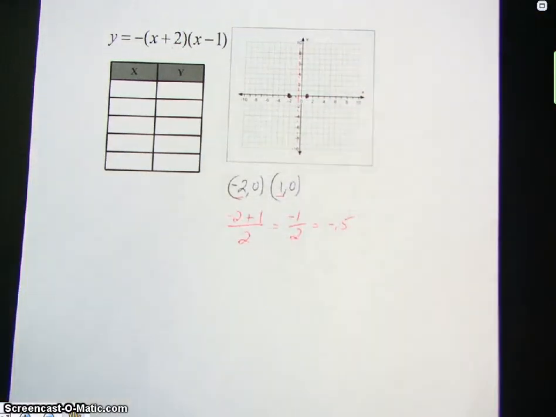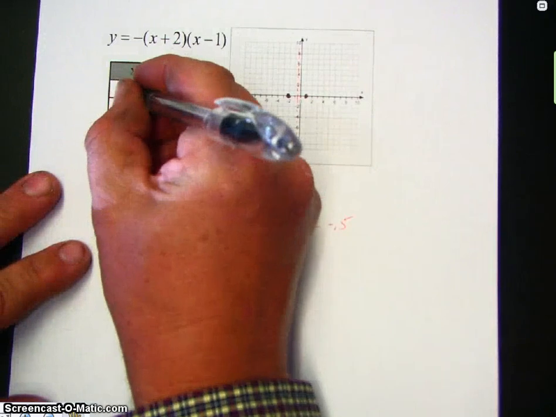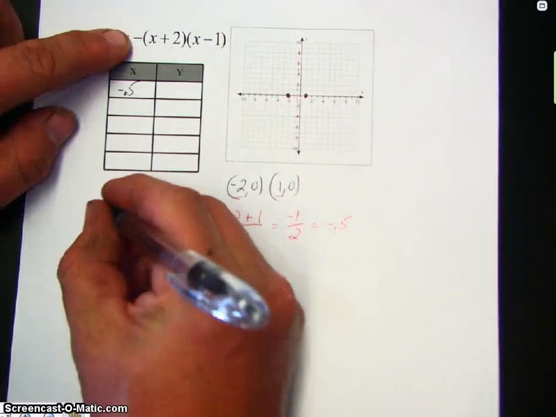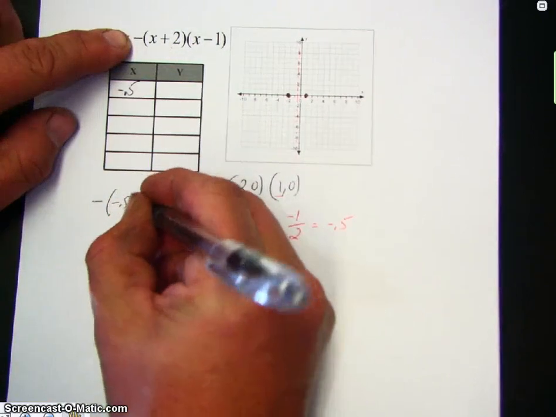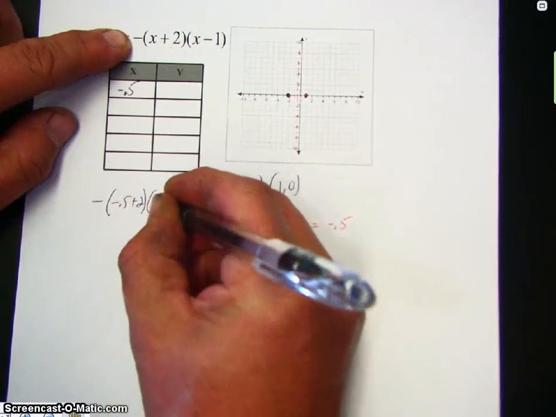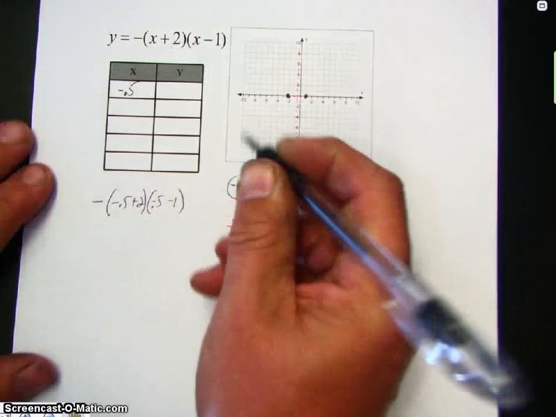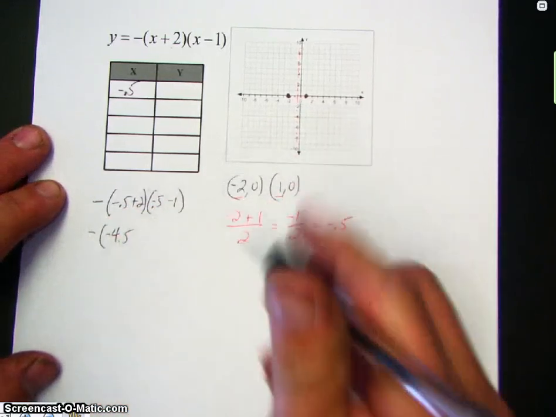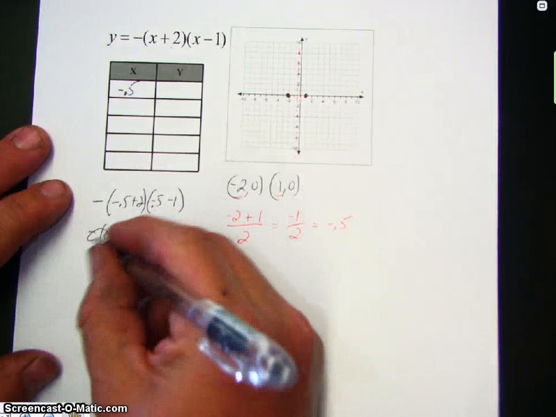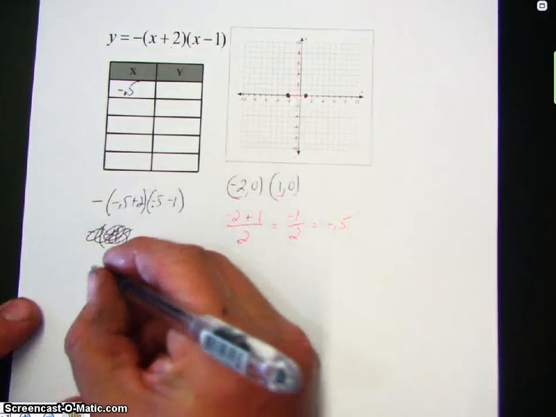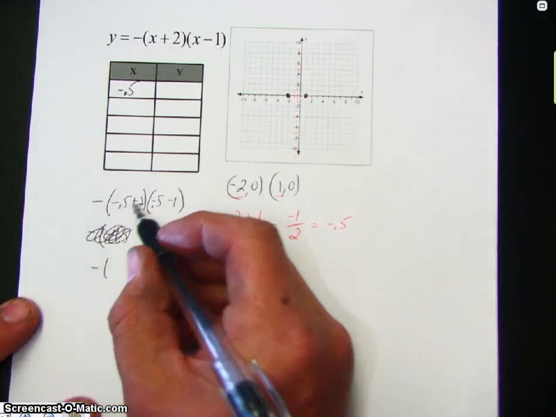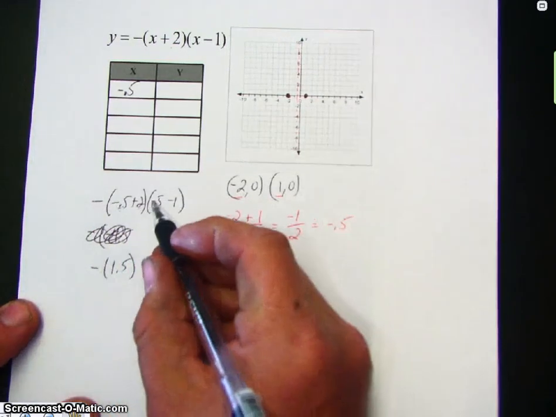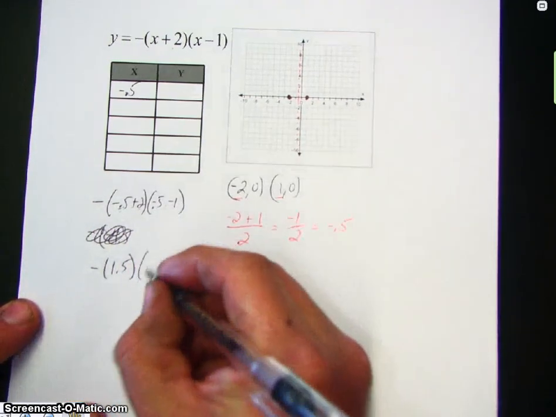To find out where, we now take -0.5 and plug it in for x. So -0.5 plus 2, and -0.5 minus 1. So -0.5 plus 2 is 1.5, and -0.5 minus 1 is -1.5.